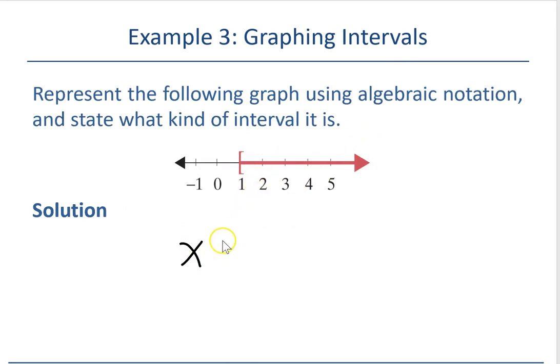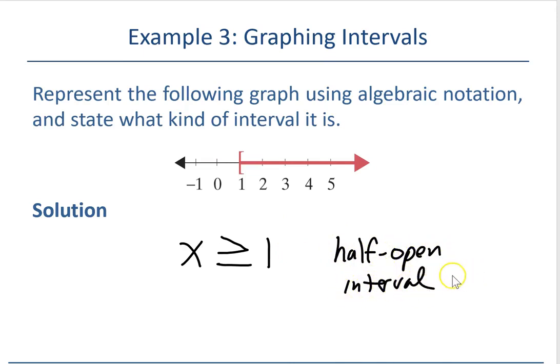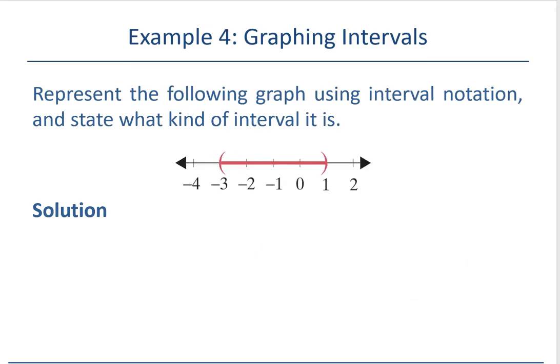That means x can be greater than, notice the bracket, or equal to 1. That is what kind of interval we have. And then the kind of interval that they want us to put down is that we have a half open interval.